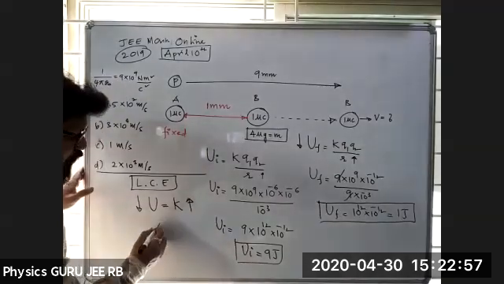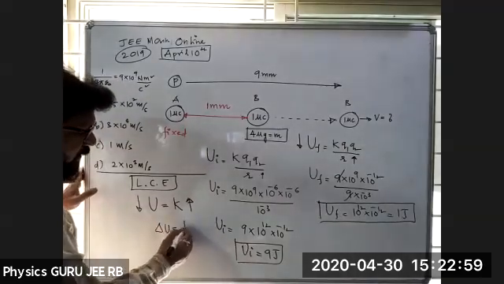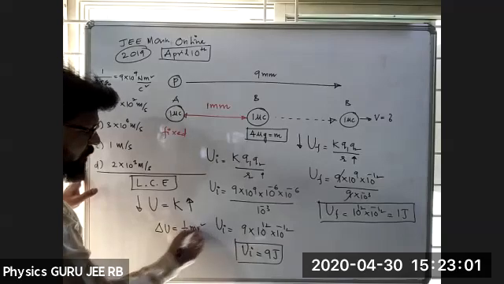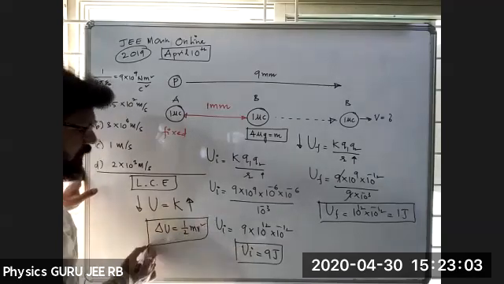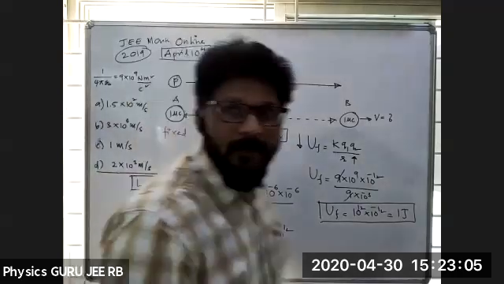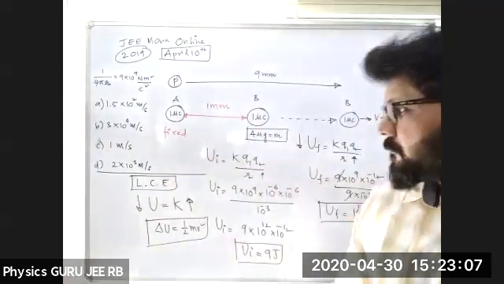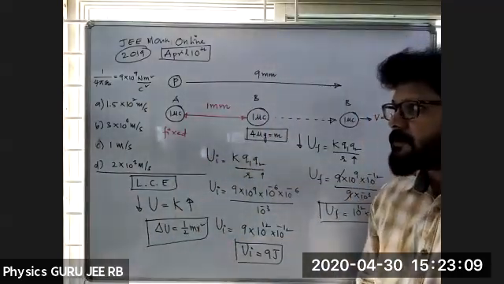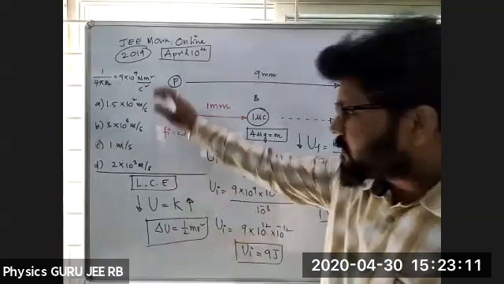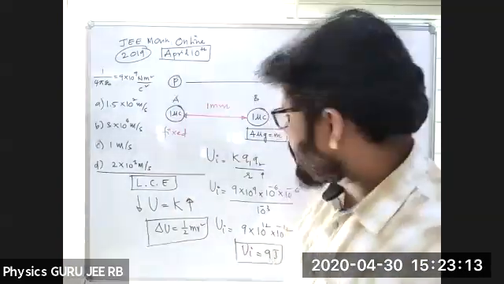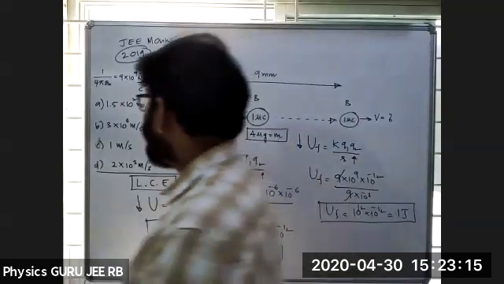So delta U equals kinetic energy, which is half mv square. Is it clear? Half mv square. Now I'll erase this one. So what will I get, can you tell me?